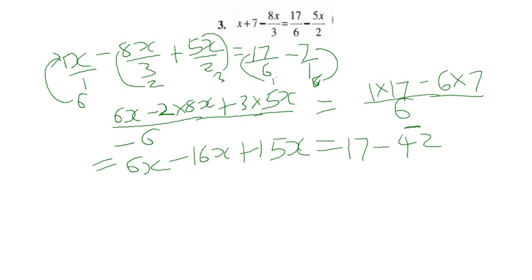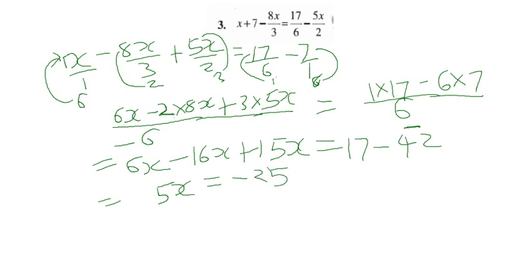So now if you simplify this one, 15 plus 6 is 21, and minus 16 becomes 5. So on the left side it becomes 5x, and on the right side 17 minus 42 becomes minus 25.